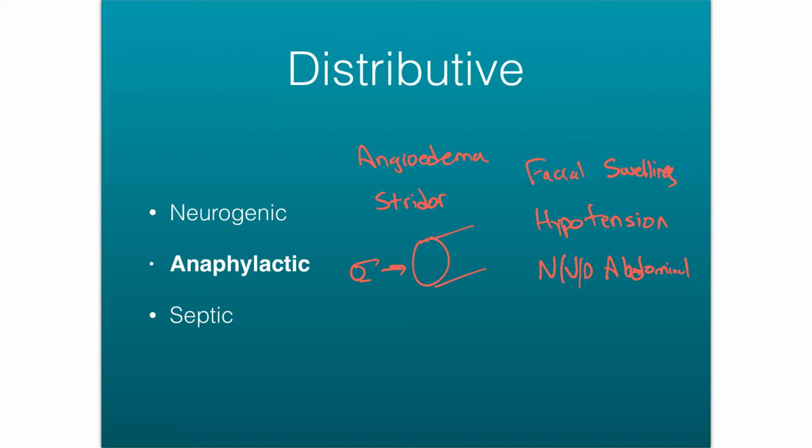It can also lead to a rash called urticaria, or hives. And you see that on the torso most often to start with. But you're looking for facial swelling, hypotension, nausea, vomiting, diarrhea after being exposed to something. That's anaphylactic shock. Good news is, as EMTs, you can help them with their EpiPen and hopefully fix it.